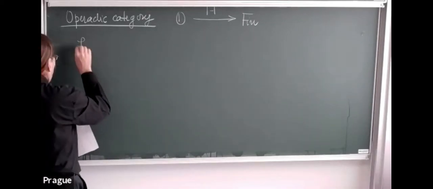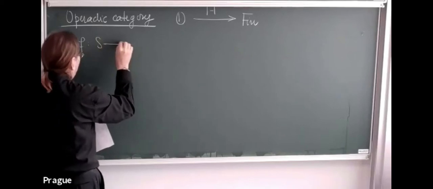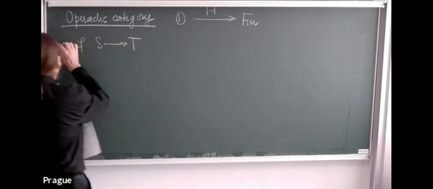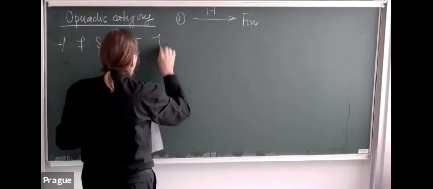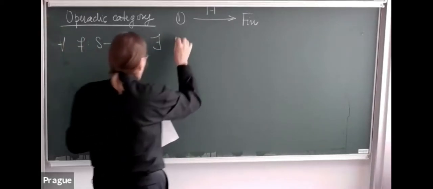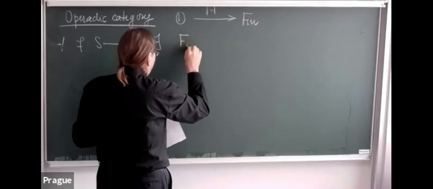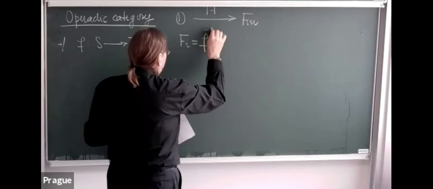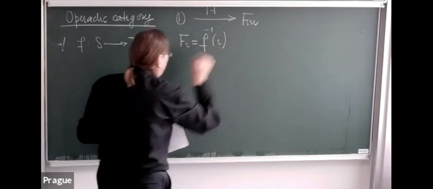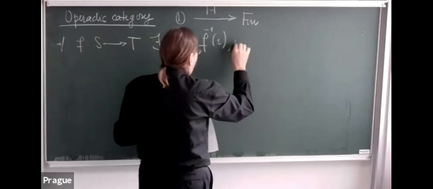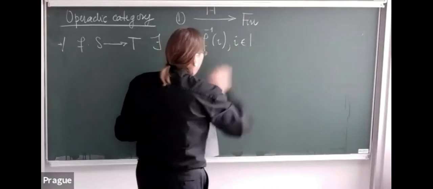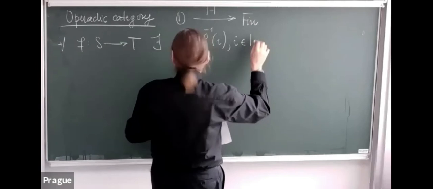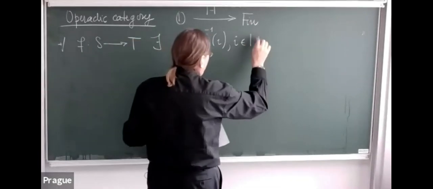Each morphism f in O has fibers. So for each i there exist objects f_i, which I also sometimes denote as f inverse of i, where i is from the cardinality of T.